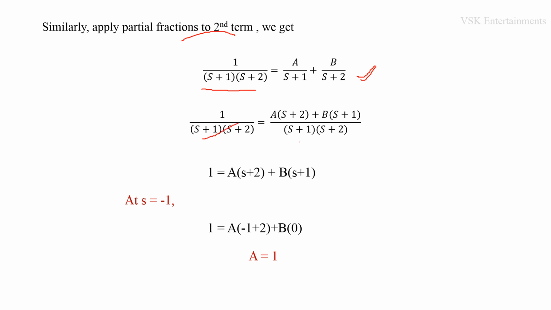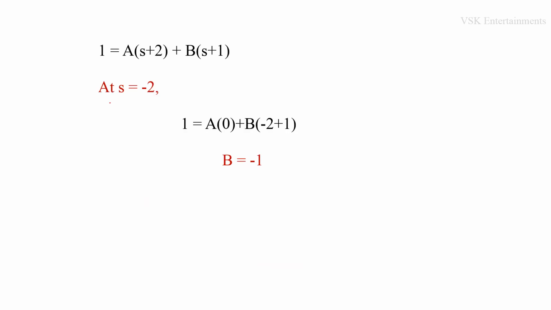Then the resultant equation is 1 equals A into (s plus 2) plus B into (s plus 1). For finding the A and B values, substitute s equal to minus 1. By substituting, we get A equal to 1. Similarly, substitute s equal to minus 2 in this equation. Then we get the B value as minus 1.